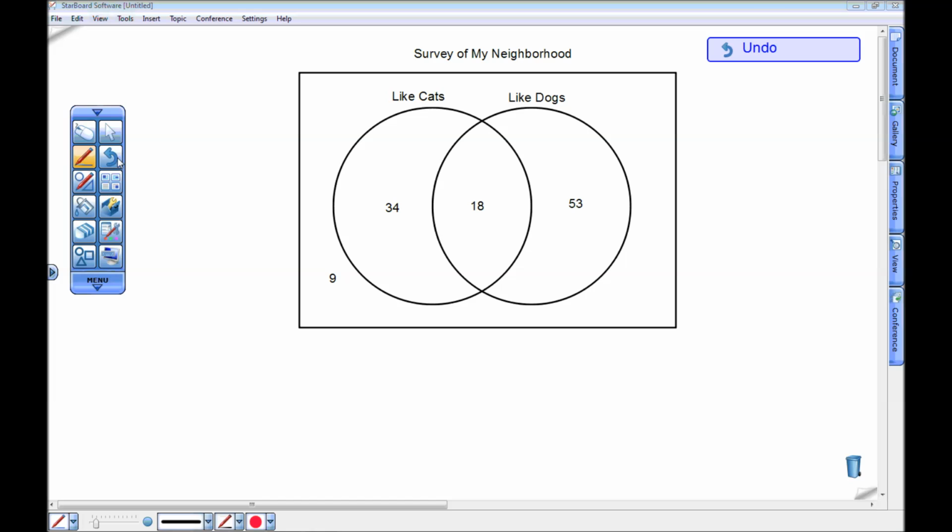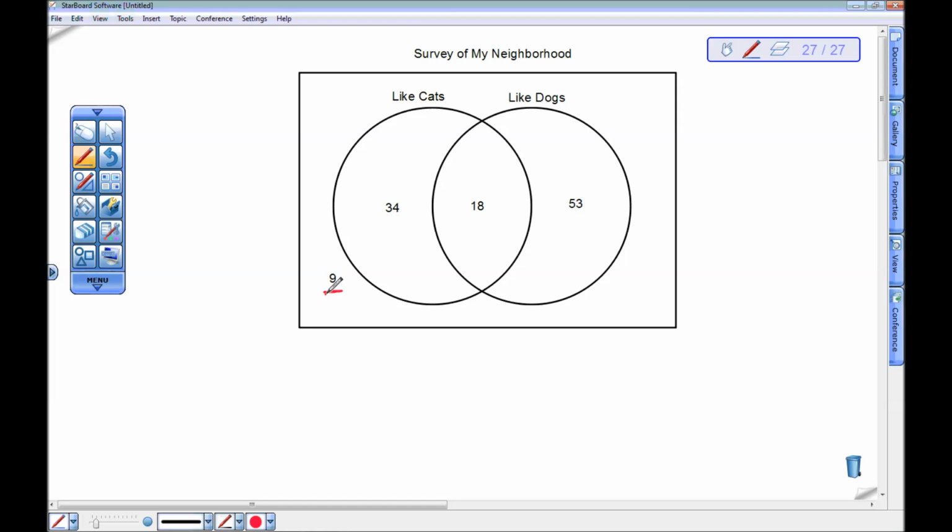Okay. Similarly, this 53. These 53 people like dogs, but don't like cats. Okay, pretty nice, pretty easy, right? Now, what about these 9? What do I know about those 9 people?